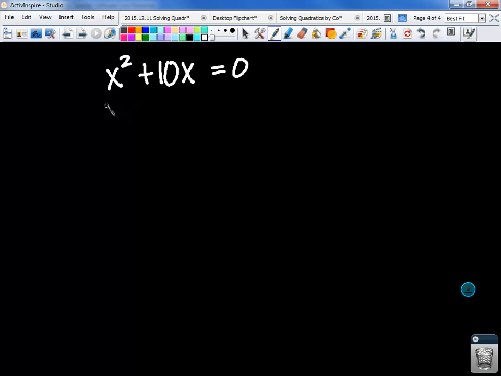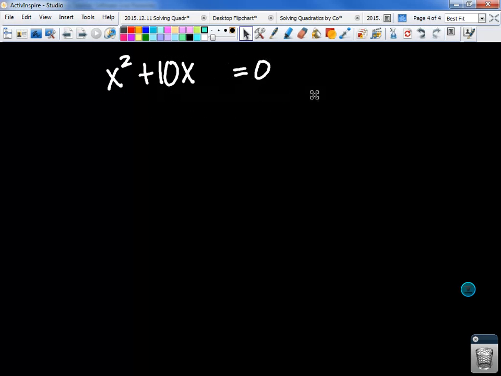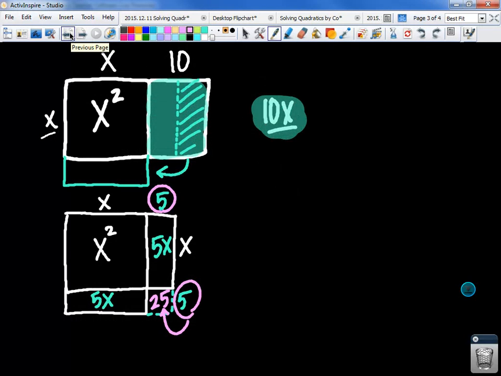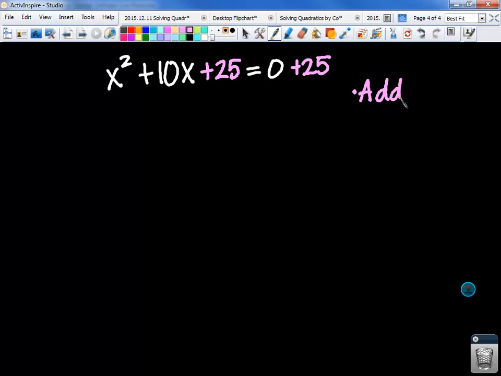As we just saw on the previous page, when we completed this square, we had to add in a certain value. And that value was 25. If I add 25 to one side of the equation, I must add 25 to the other side of the equation by the addition property of equality.